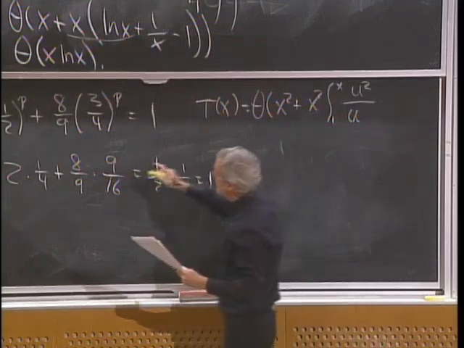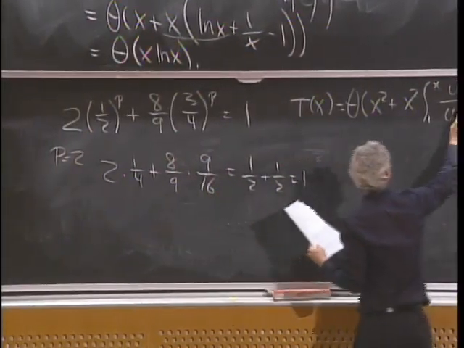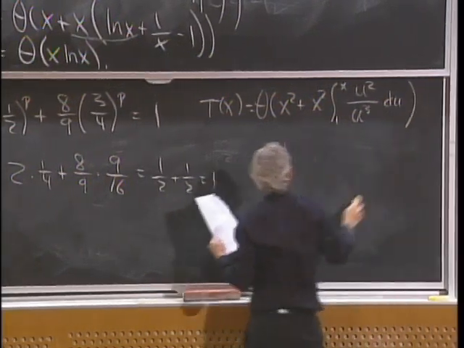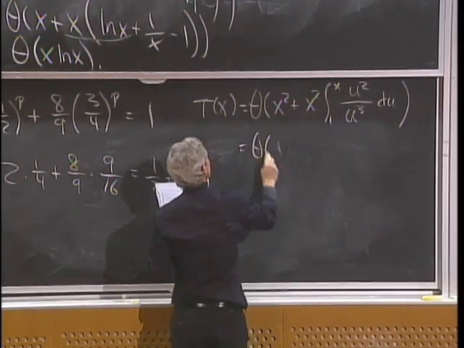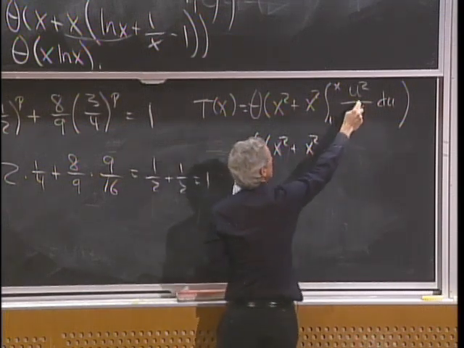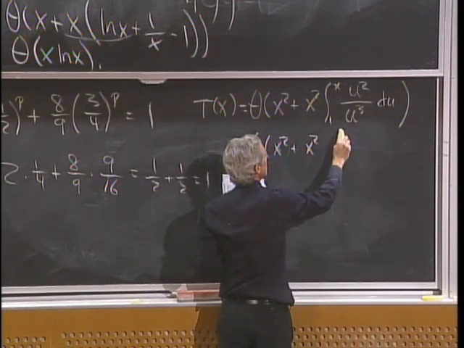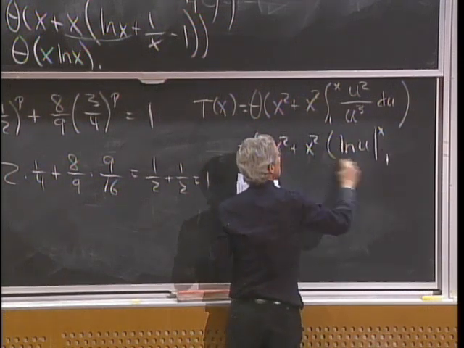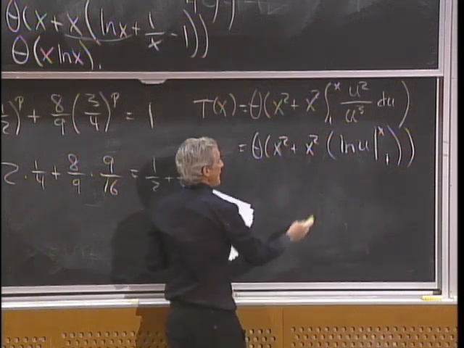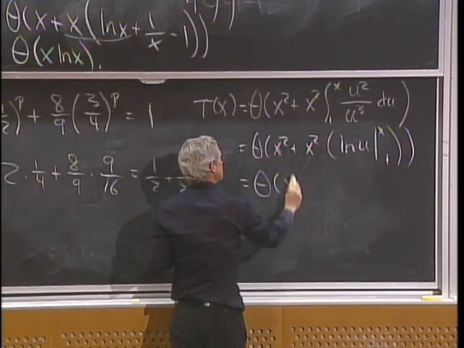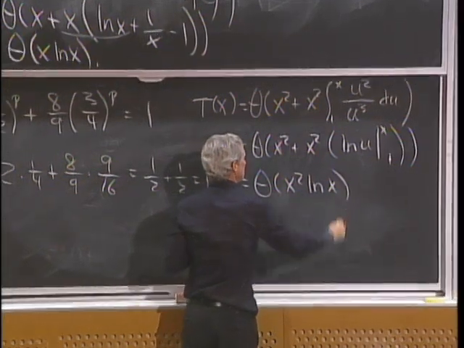U to the 1 plus 2 is just u cubed. All right. This is theta x squared plus x squared times, well, the integral of 1 over u is just log of u. And that's just log of x. So the answer is x squared ln of x. Done.